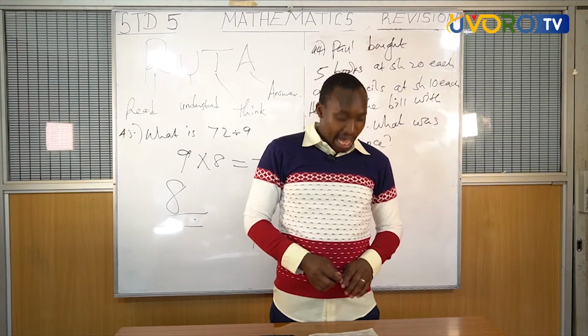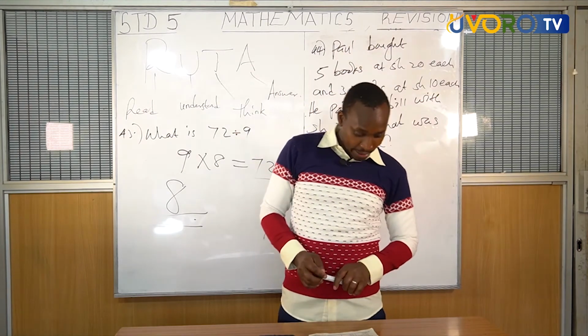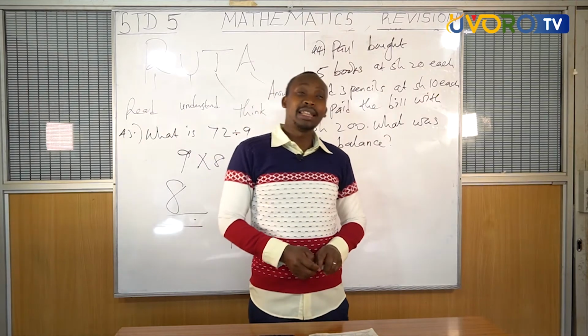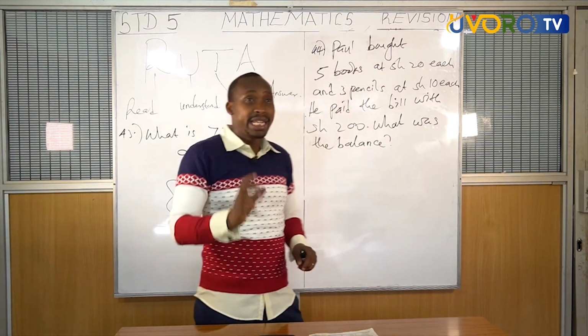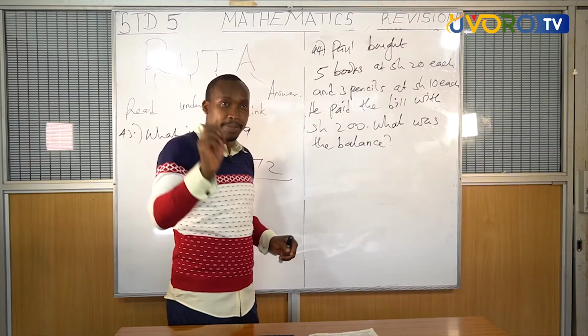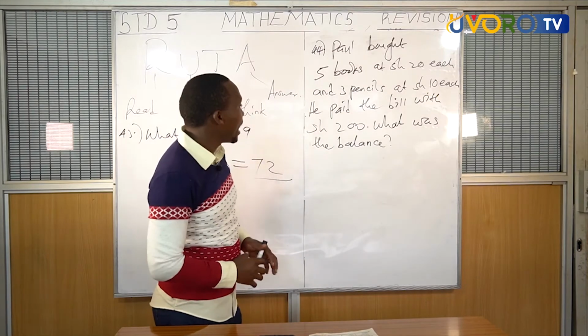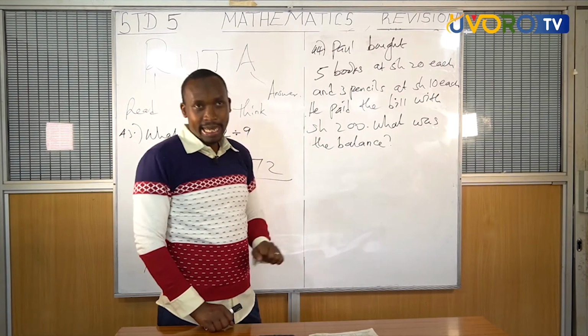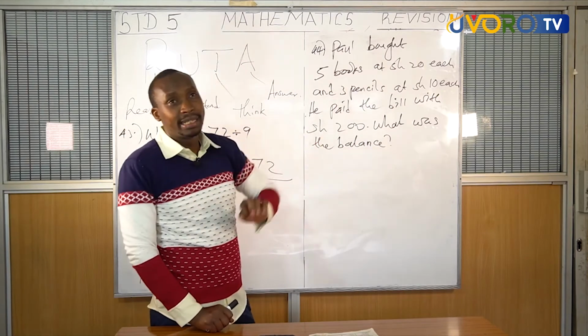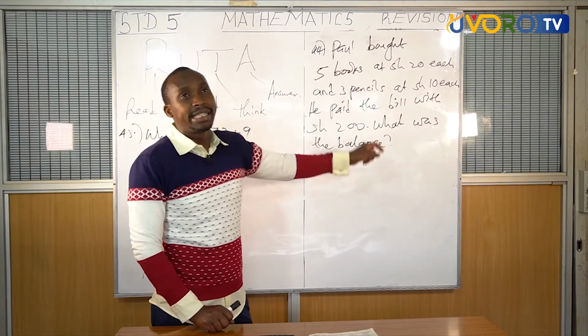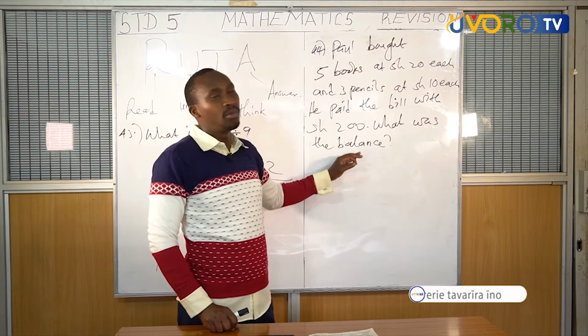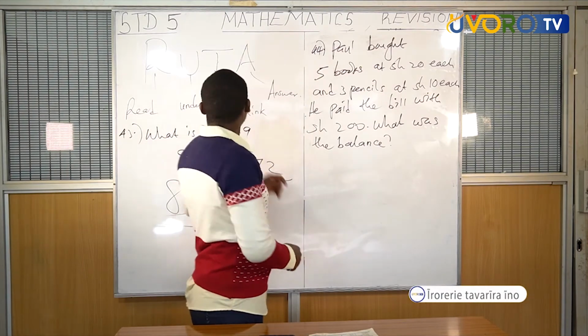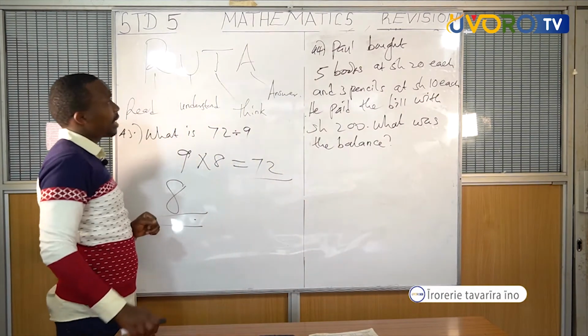So now, after paying, you need to know that the money that you are given back by the shopkeeper is known as balance. Some of you call them change. We go to our formula, that is RUTA, R for reading.